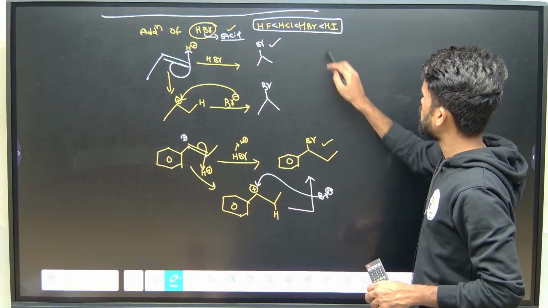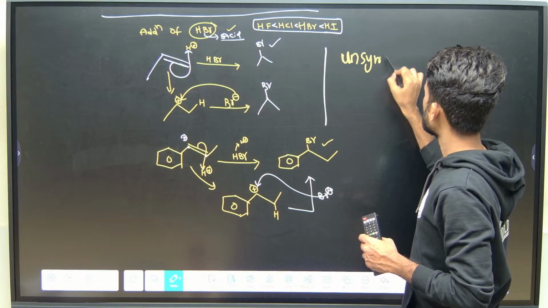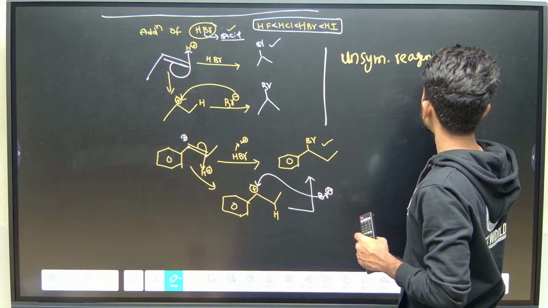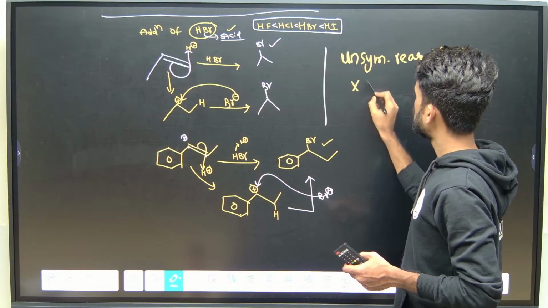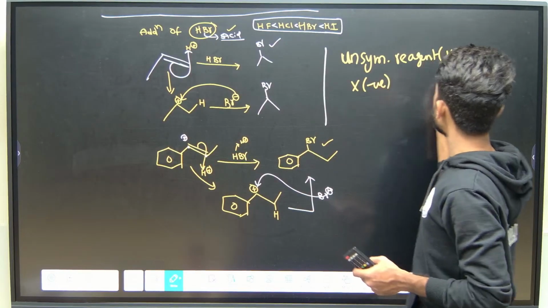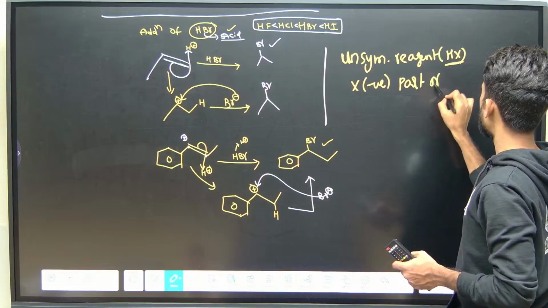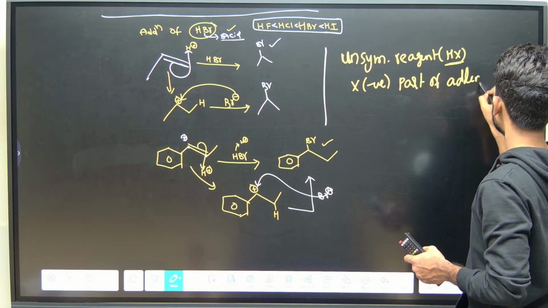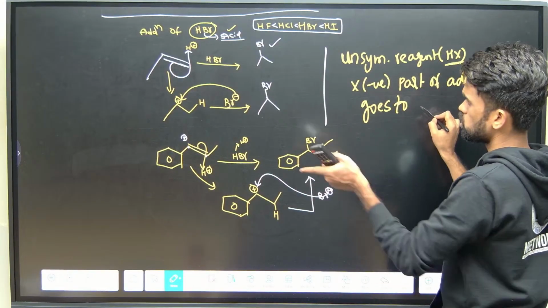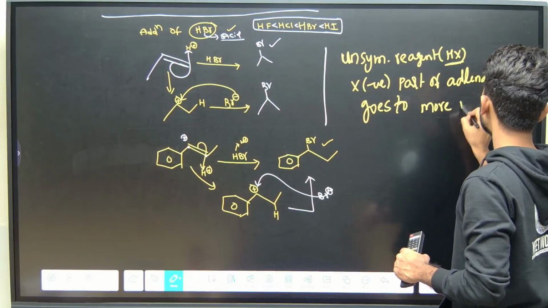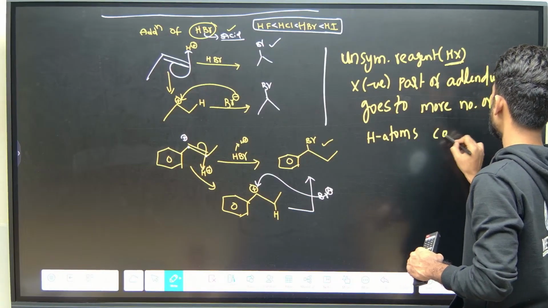Whenever we are adding an unsymmetrical reagent like HX, the negative part of this adding molecule, which we can call the addendum, goes to the carbon atom containing fewer hydrogen atoms.